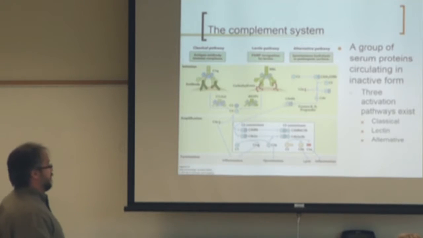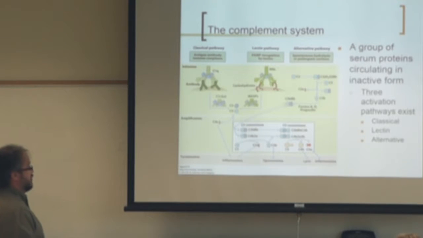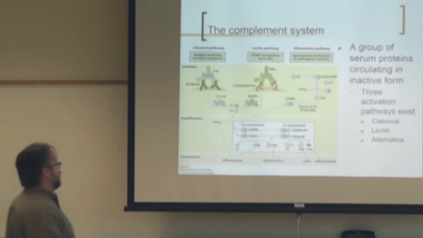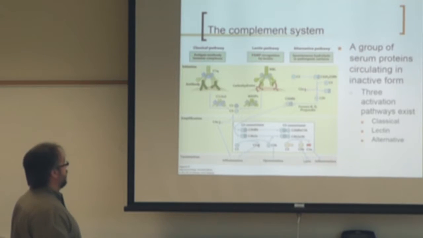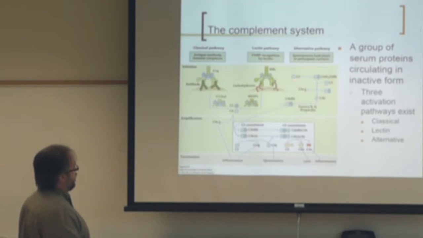So it has a preference to bind to pathogenic cells, and therefore properdin can bind to this C3H2O and stabilize it. And what's C3H2O? It's a form of C3 that naturally becomes active.